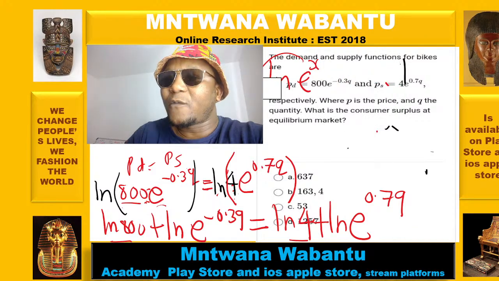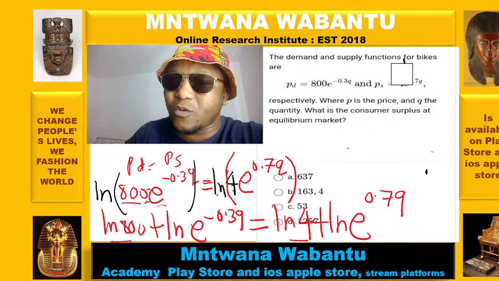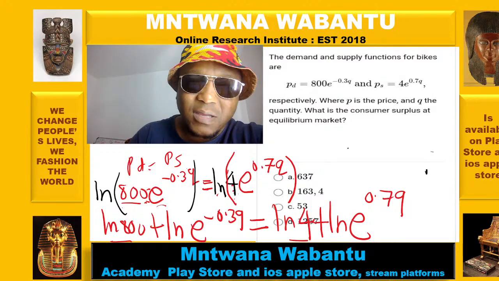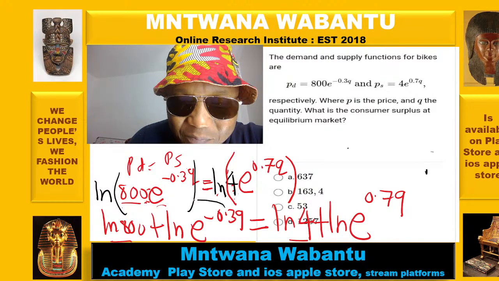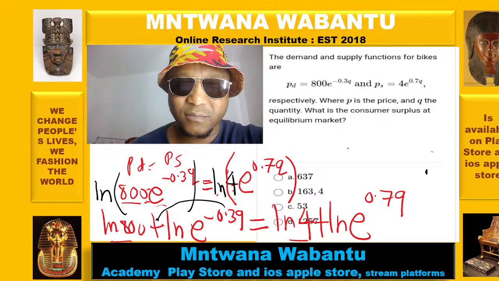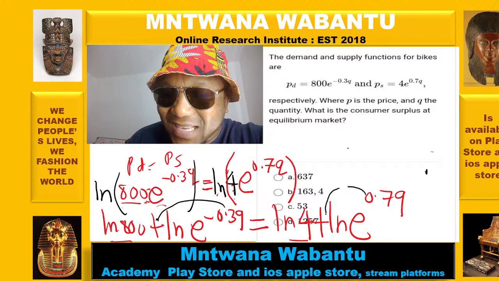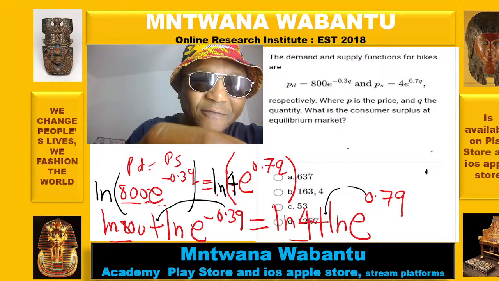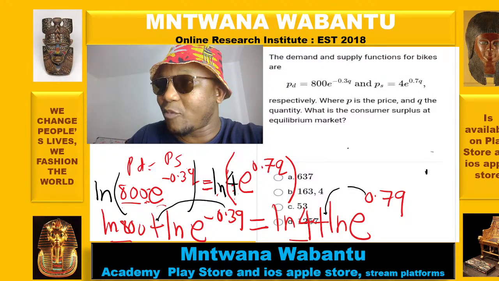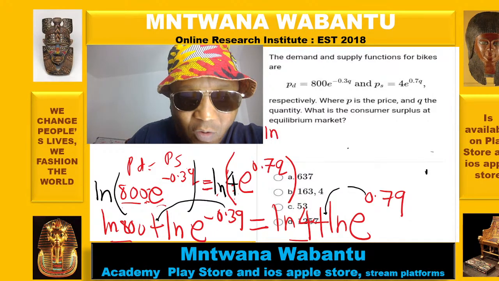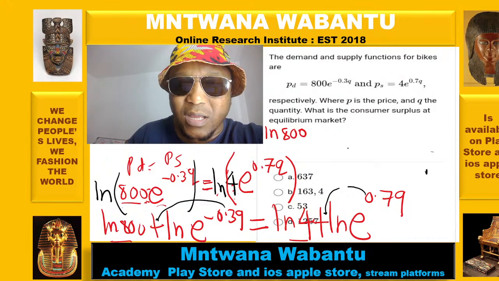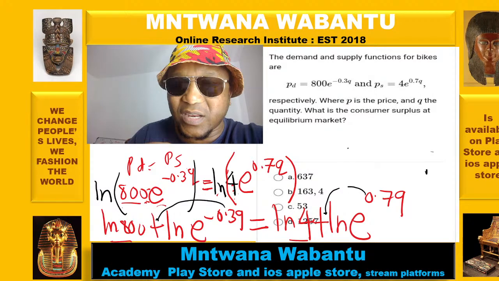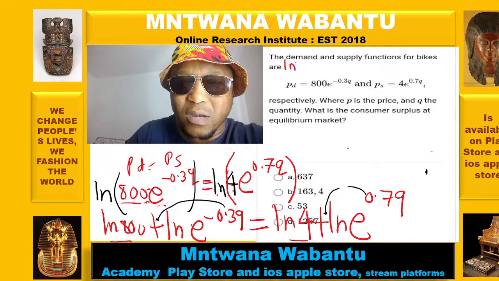So for that being said, I'll come back here to our question and say, well, I can simply take this behind ln here. And then I can simply take this behind ln here. Okay? So then I'm going to have ln of 800, and then plus.